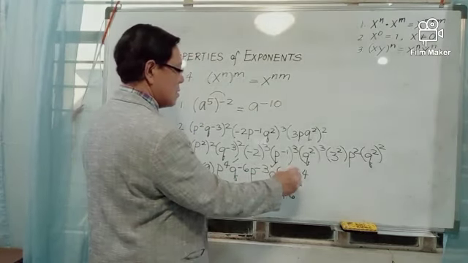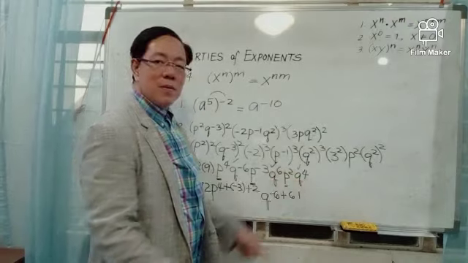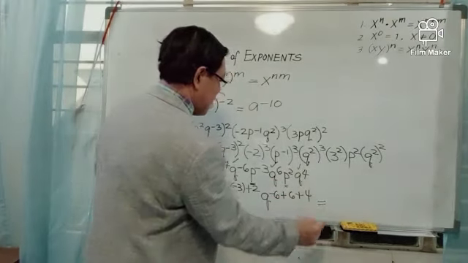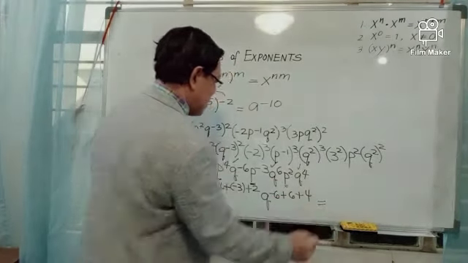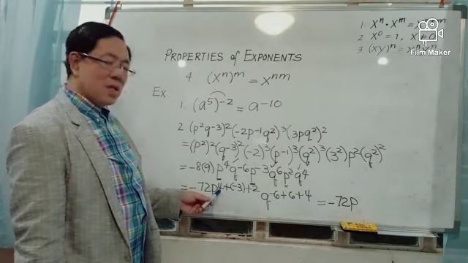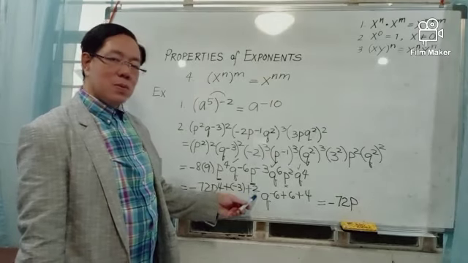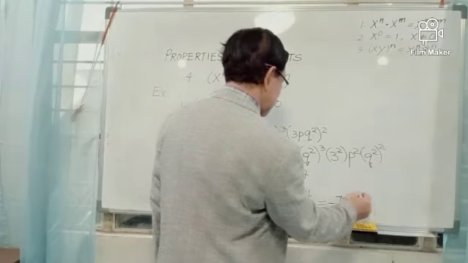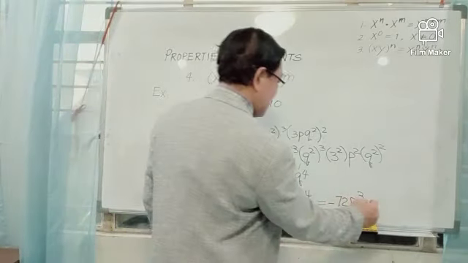And the last factor, q raised to 4. The exponent of q is 4. We write plus 4. And we simplify negative 72 multiplied by p. Find the sum of the exponents of p: 4 plus times negative 3 is negative 3. Hence we get 4 minus 3 plus 2 is 3, multiplied by q.